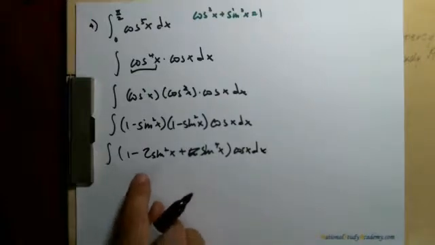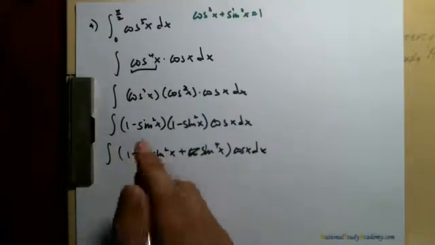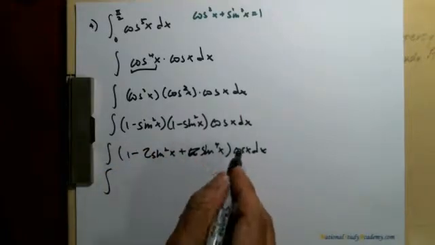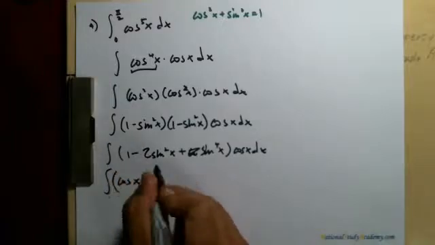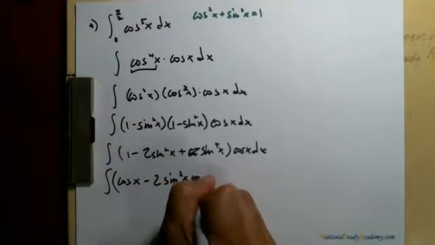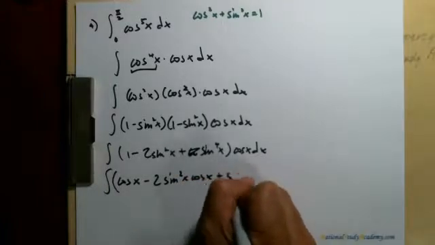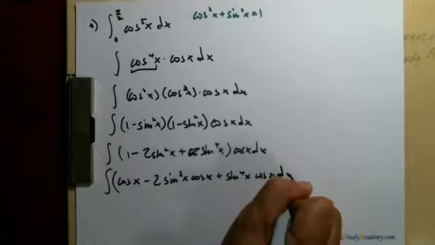We're going to distribute this out, and change the limits of integration on this a little bit. It becomes cosine of x minus 2 sine squared of x cosine of x plus sine fourth of x cosine of x dx.